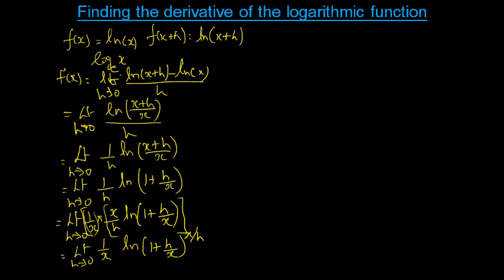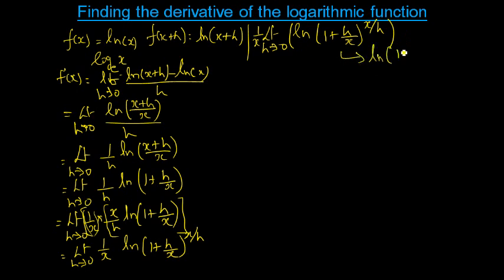So ultimately we are left with the limit, and I can take the 1 over x outside, of ln of 1 plus h over x power x over h. If you look into it, this looks like ln of 1 plus y power 1 over y.